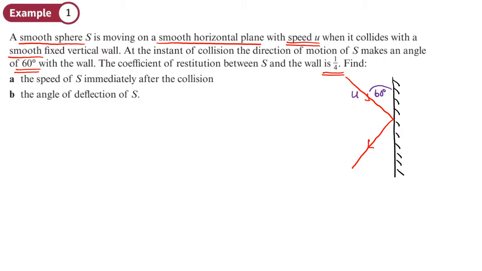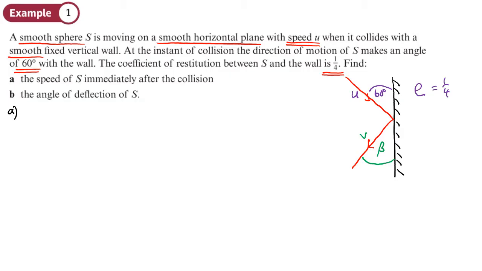We'll call the speed that it leaves the wall v, so that's something we're going to need to find. And this angle here, we'll call angle beta, so we may need to find that as well. So I think part A is finding v, and part B is finding beta, and we're told that the coefficient of restitution between the sphere and the wall is 1/4. So let's start with part A.